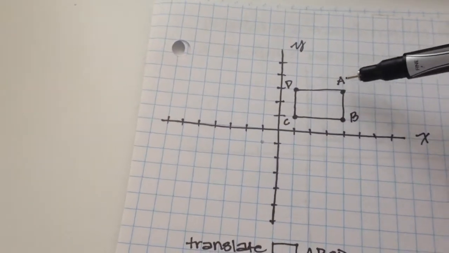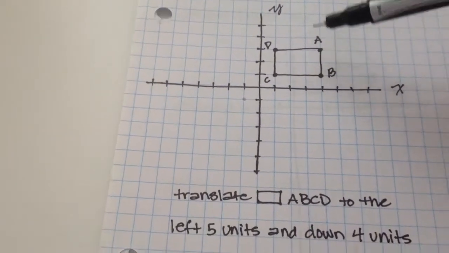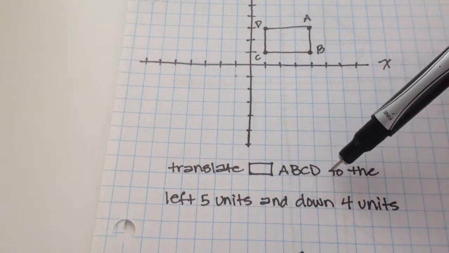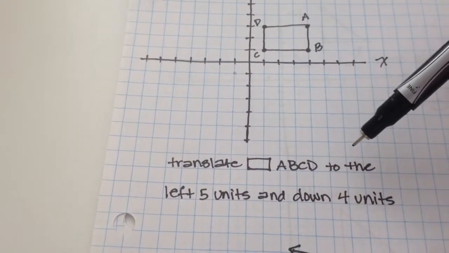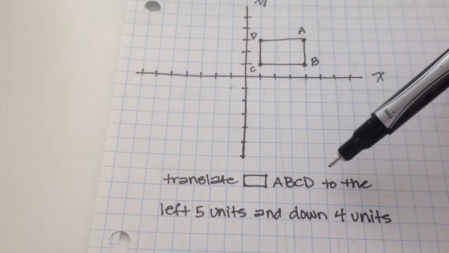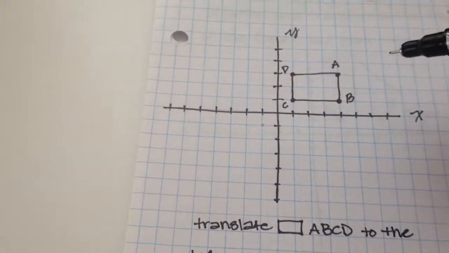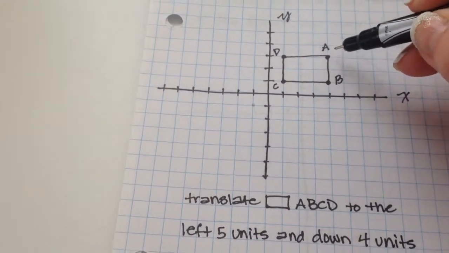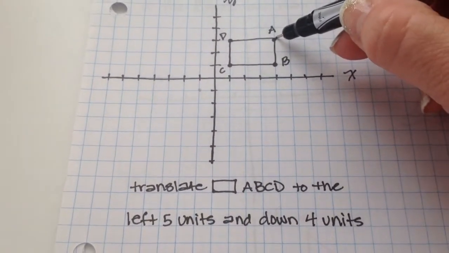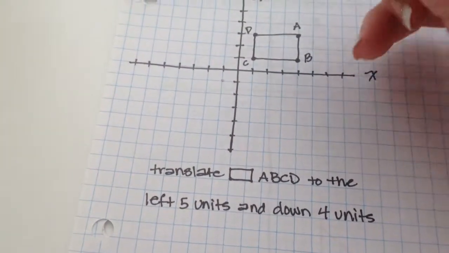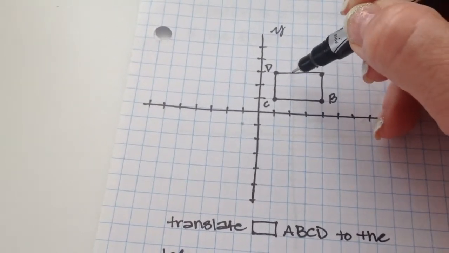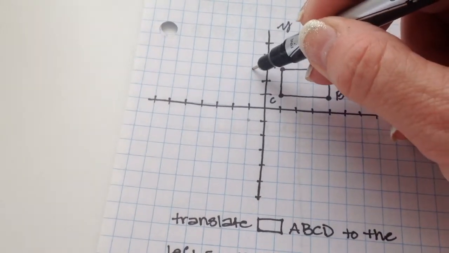All right, let's see. Here we have a rectangle ABCD, and it wants us to translate ABCD to the left 5 units and down 4 units. All right, so I am going to start with A, just because. It says go to the left 5 units. All right, 1, 2, 3, 4, 5.